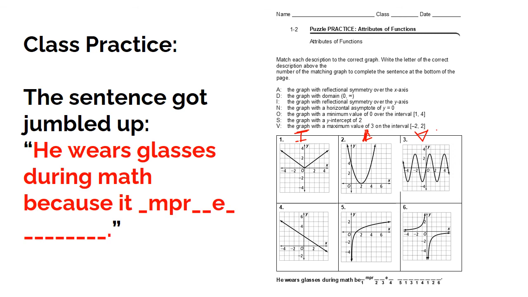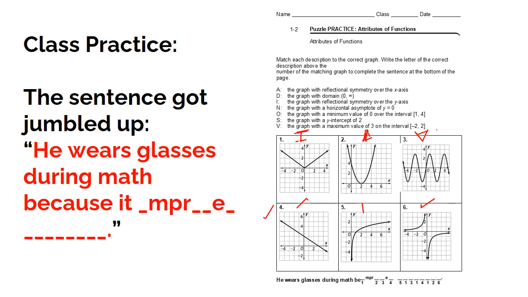On 4, you should have gotten F. It has a y-intercept. Oh my goodness. Oh no. That's an S. On 5, you should have gotten D. The graph with the domain from 0 to infinity. On 6, you should have gotten N. That's N. I don't know what's going on with my board.